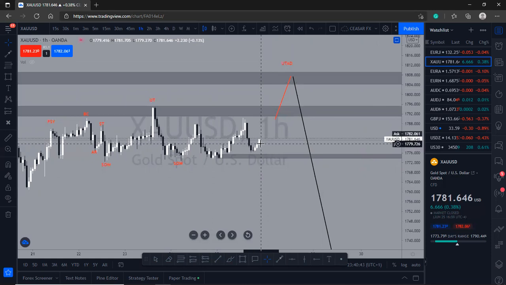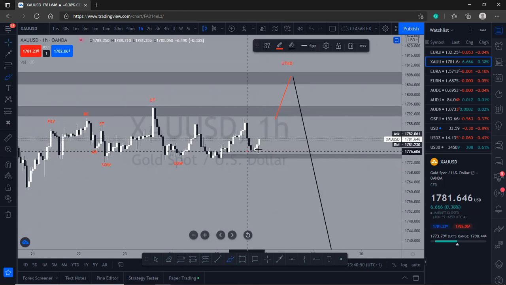Anything can happen on Monday, because some people were buying here because of this order block. But we had this order block and also this one. So there were two order blocks. So the price can jump straight here before shooting to the upside like this.